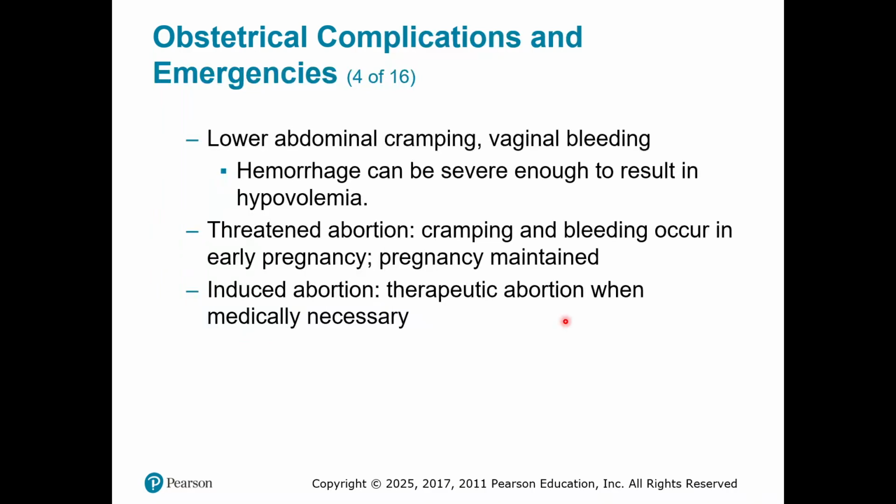Lower abdominal cramping, vaginal bleeding; hemorrhage can be severe enough to result in hypovolemia. Threatened abortion: cramping and bleeding occur in early pregnancies where pregnancies are maintained. Induced abortion, therapeutic abortion, when medically necessary.